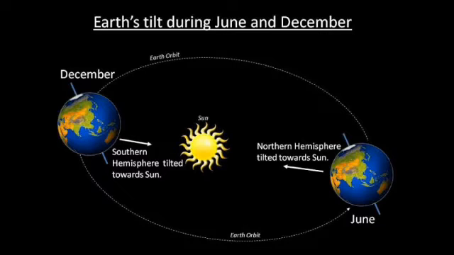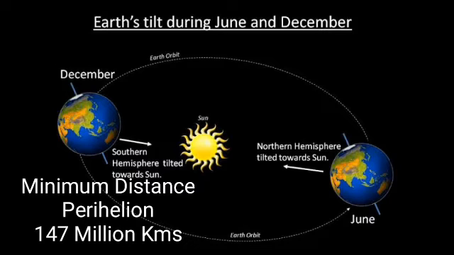The distance between the sun and the earth is increasing and decreasing each day as it moves around the sun in the elliptical orbit. So what is the maximum distance of the earth from the sun and what is the minimum distance?